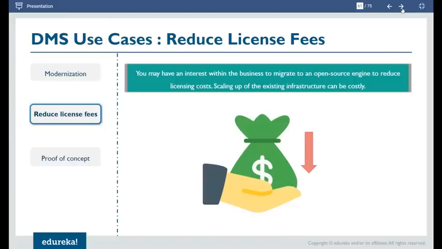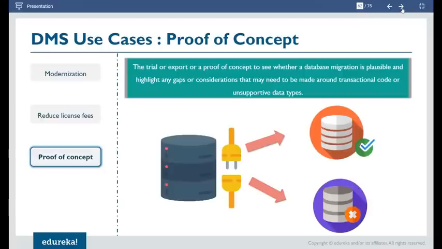Easily, you can manage your infrastructure without worrying much about the infrastructure part. You can have a POC done before you perform your actual migration to understand the challenges and gaps in your existing infrastructure. So that is about why you should consider using DMS.